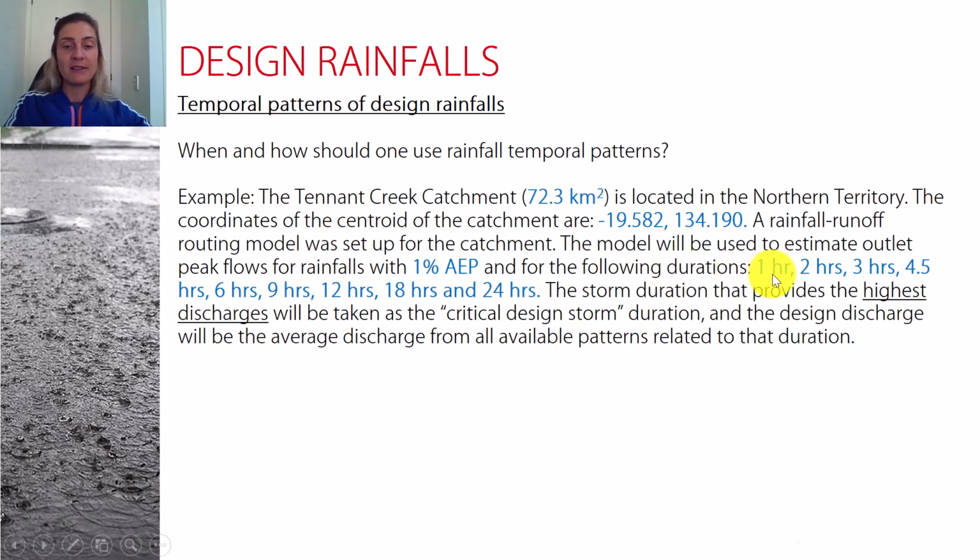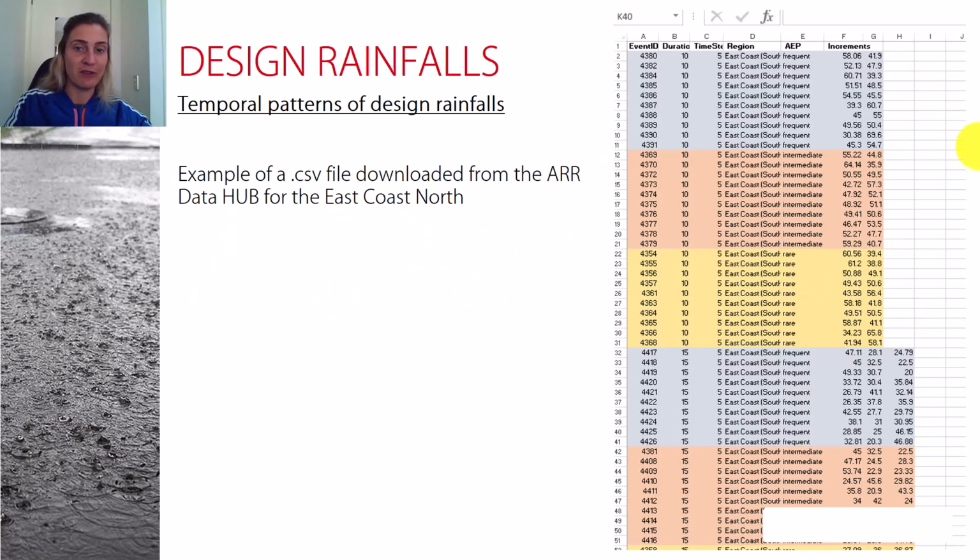You will take the design rainfall from BOM for that particular AEP and those durations. For each of these durations, you have 10 different temporal patterns, as we saw in the previous slide.